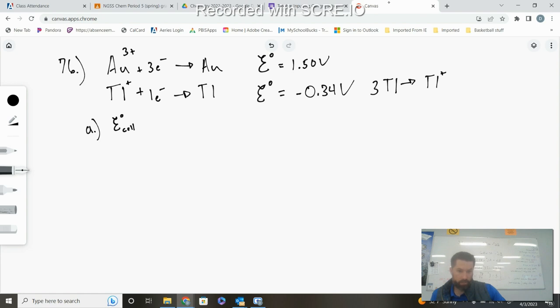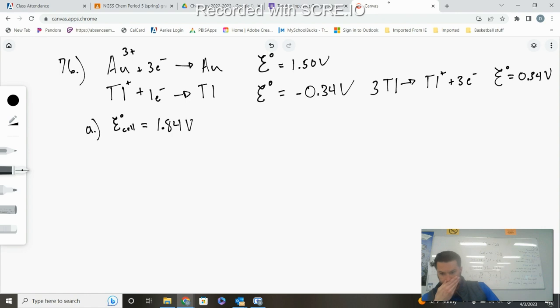Tl plus 3 electrons, I get that my voltage is now positive. Perfect. Now I can add those together. So my standard cell potential is 1.84 volts. Remember, standard conditions is 1 atmosphere, 1 molar, 25 degrees Celsius.